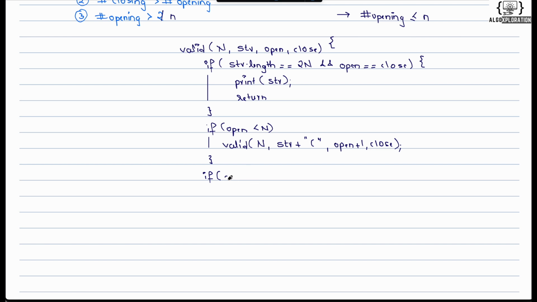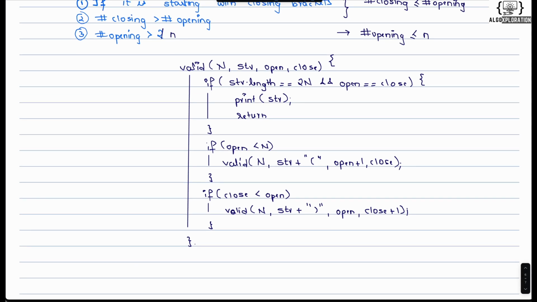It should be that if the closing is lesser than open, if the number of closing brackets is lesser than opening, at that time we will be calling the valid function, by passing n, str plus the closing bracket, open as it is, but since I'm adding one closing bracket, close plus 1, and that's it, we are done.